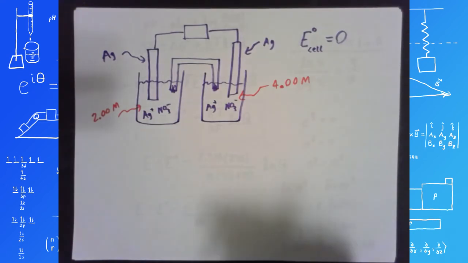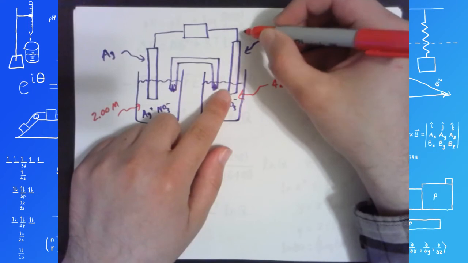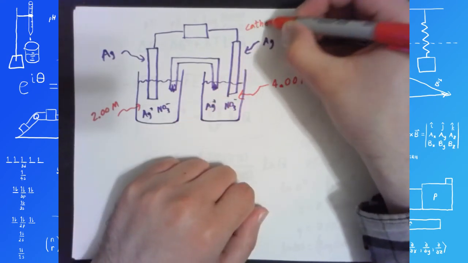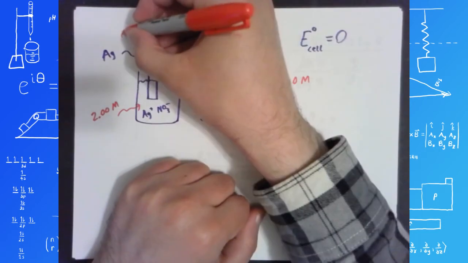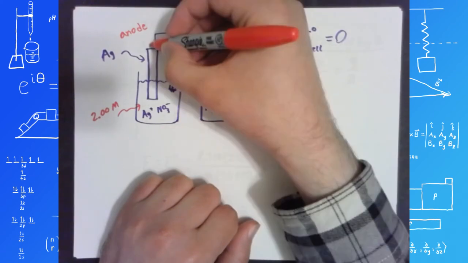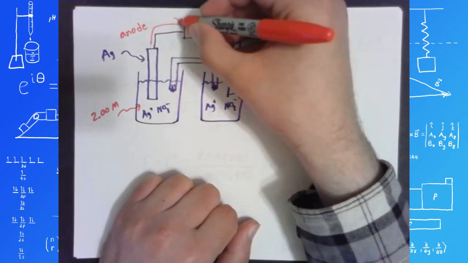So this would be the cathode, because this is where reduction is happening. And this would be the anode. And electricity would be flowing this way.